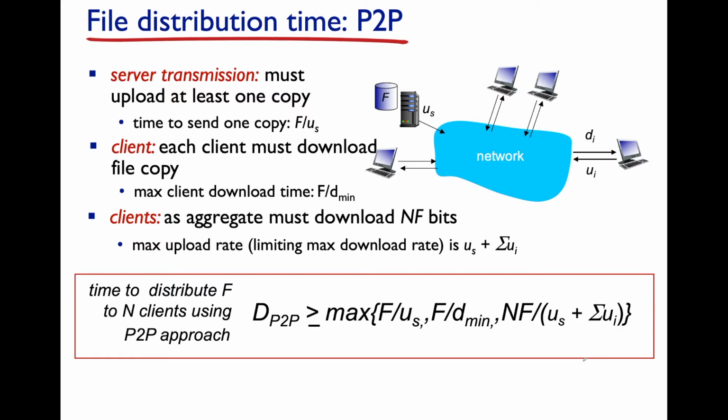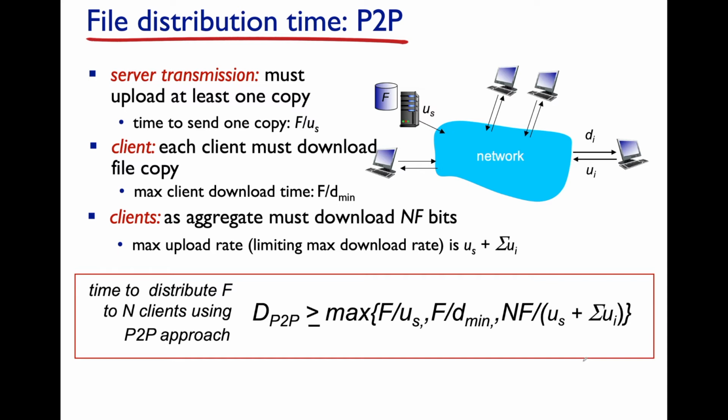Each client has to download a file copy, and the maximum download time for all the clients is going to be whatever the slowest client is. So we have F divided by dmin, associated with the client that has the smallest bandwidth for its access link. But as the clients aggregate, it's the total upload of all the clients that has to satisfy this n times F, which is the n copies of that file of size F bits.